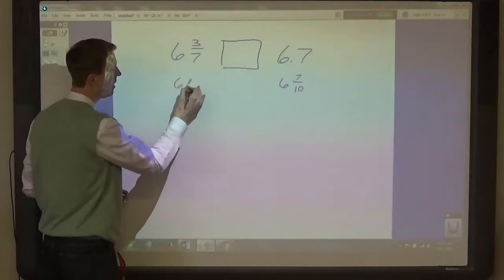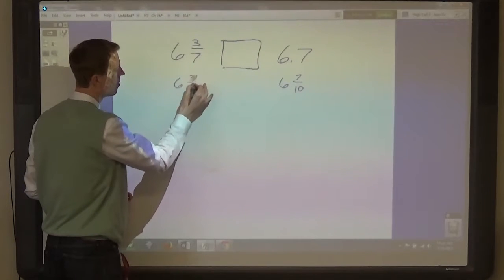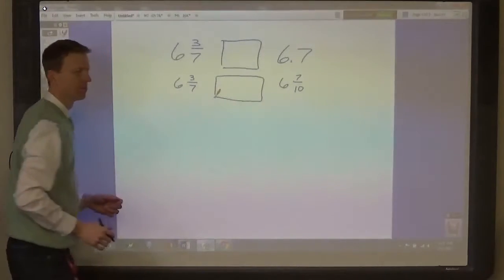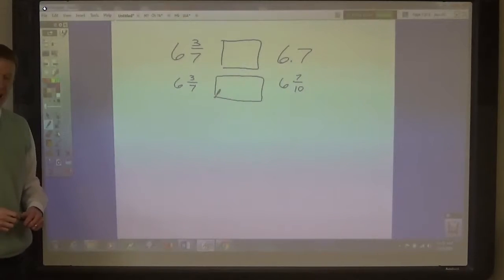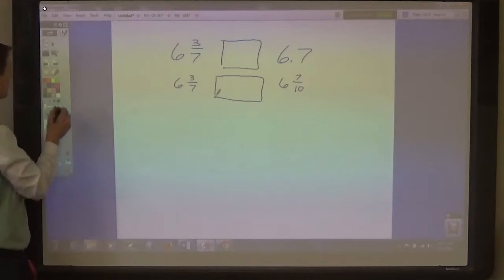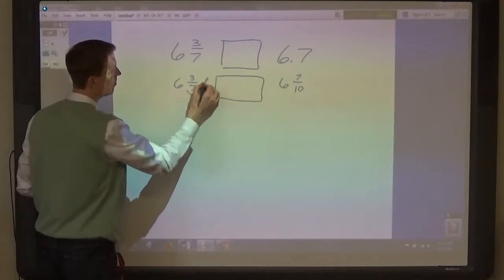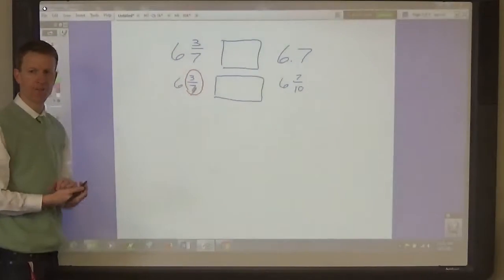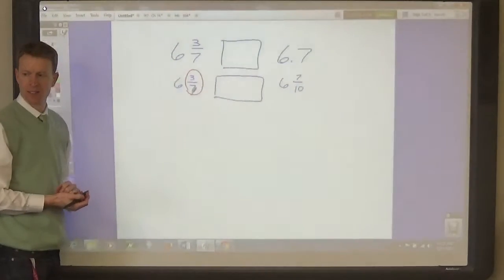Can we compare these? Could you, using estimation, compare them? Yeah, you actually could. Okay, here's how. Look at the fraction. Is this more than half or less than half? Less.